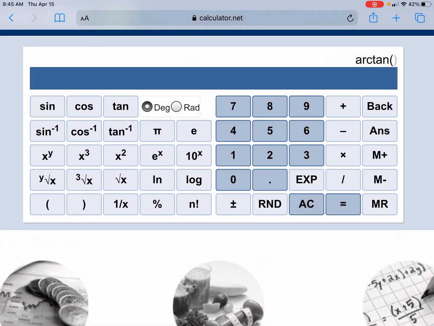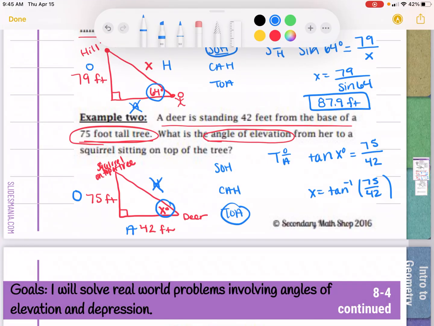So tan -1, 75 over 42. And this comes out to about 60.8. I'm rounding up. So 60.8 for my angle. Since it is an angle, we would say it's 60.8 degrees. So the angle from where the deer is looking up to the squirrel is about 60.8 degrees.